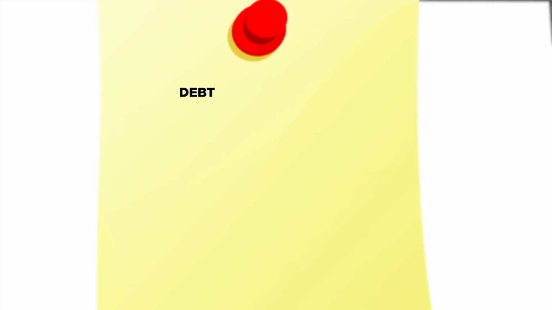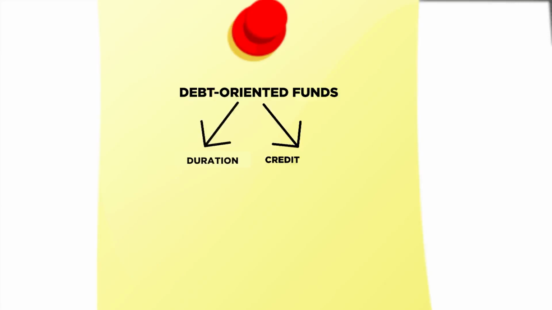Within the debt-oriented class of mutual funds, the subclasses use notions of duration and/or credit risk. Duration is a financial concept that refers to how sensitive that mutual fund's portfolio is to fluctuations in interest rates.